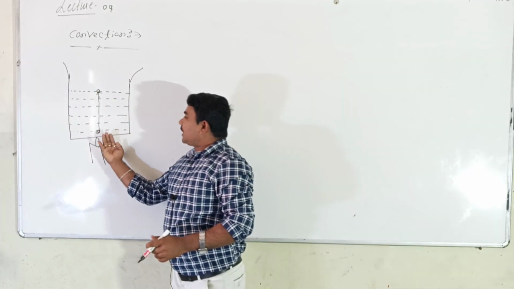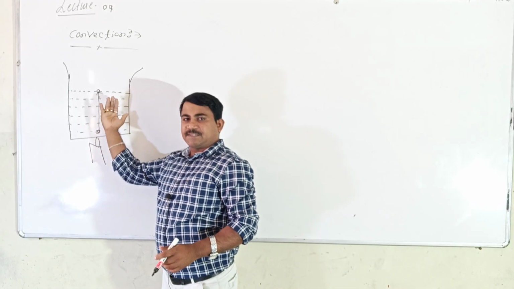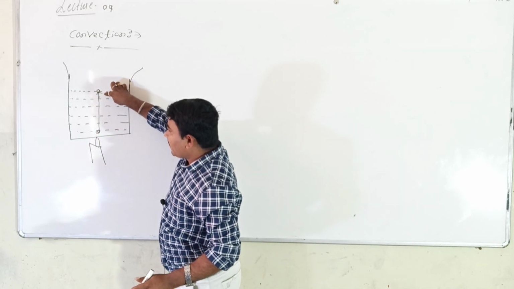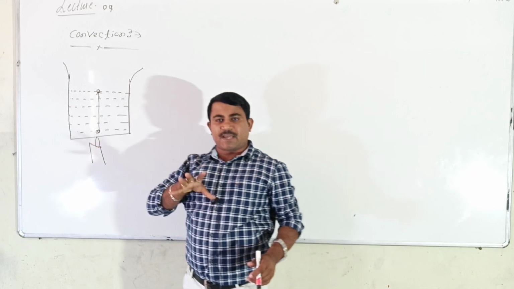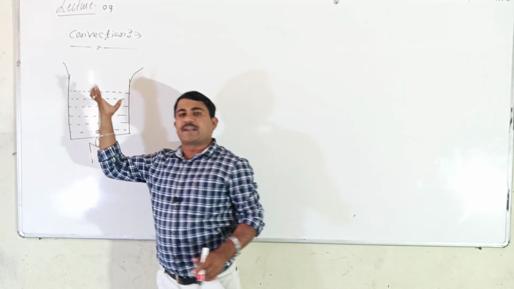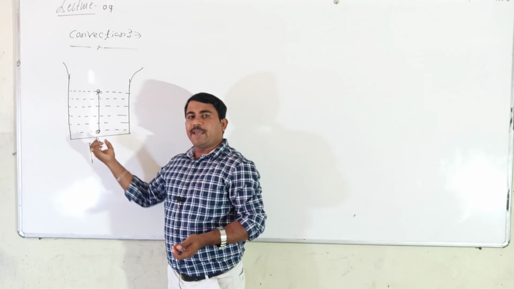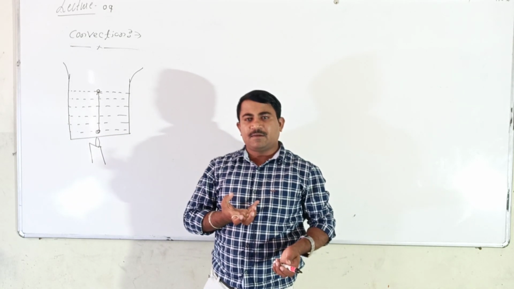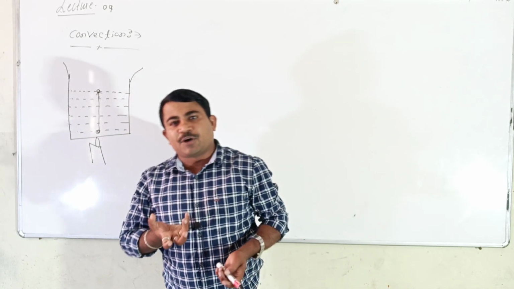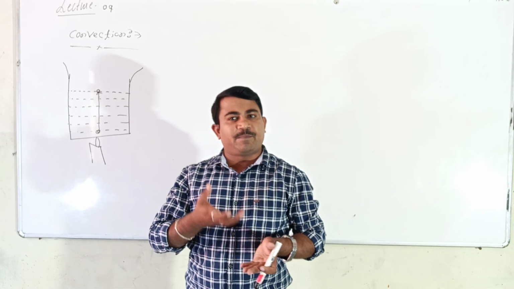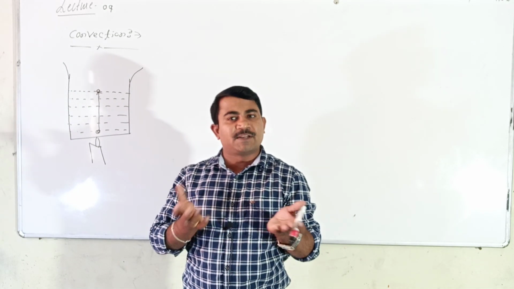As a result, the lighter particle rises up and transfers heat energy to the upper molecule. The upper molecule gets the energy, and again it will rise up. Actually, how does it happen? The bottom molecule absorbs a large amount of heat energy, and due to this, its density becomes smaller, lighter.